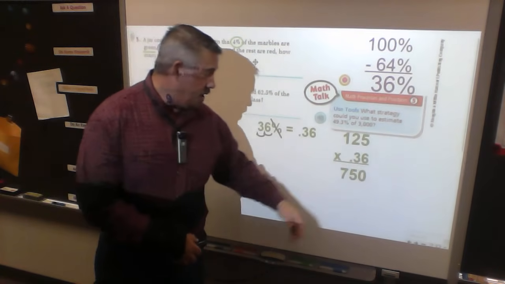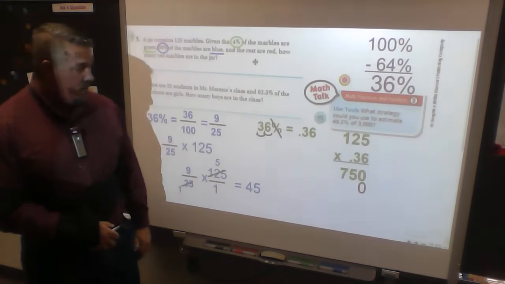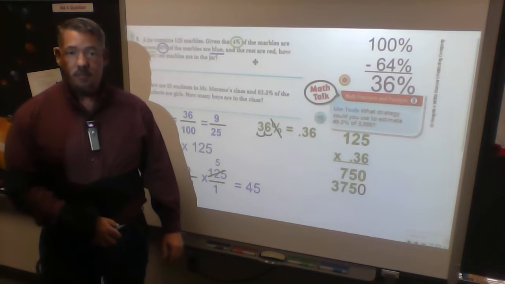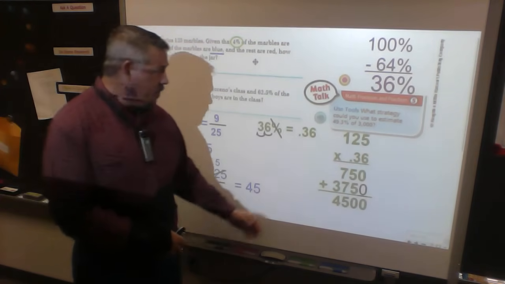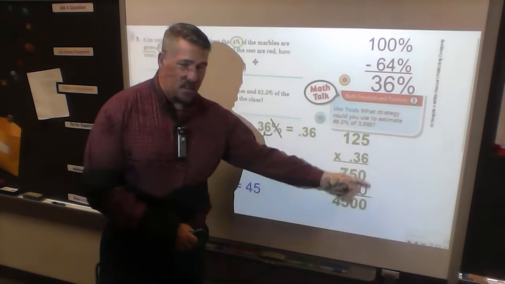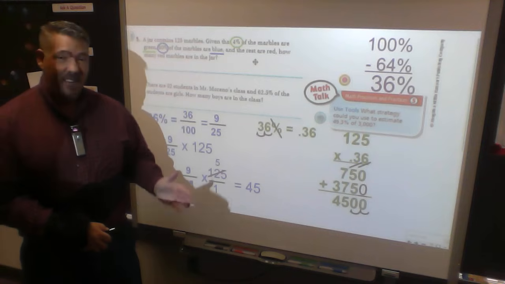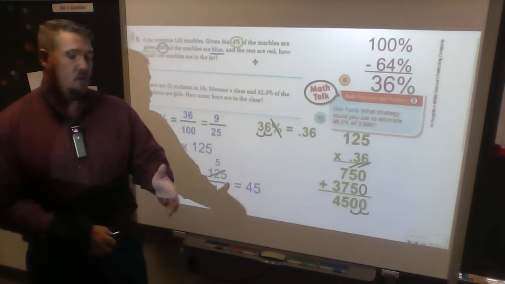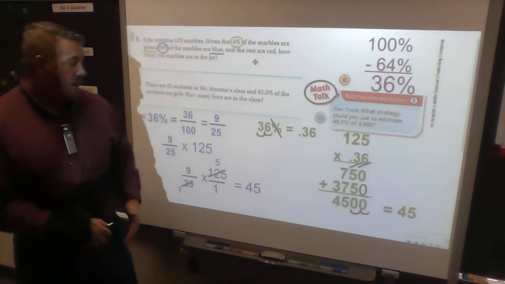My second number tells me to bring down a 0. I multiply 125 by 3, and I see 375. When I add those together, I get 4,500, but once again, there are 2 decimal spaces. So I have to move my decimal from right to left 2 times. That gives me 45.00, which is just 45.